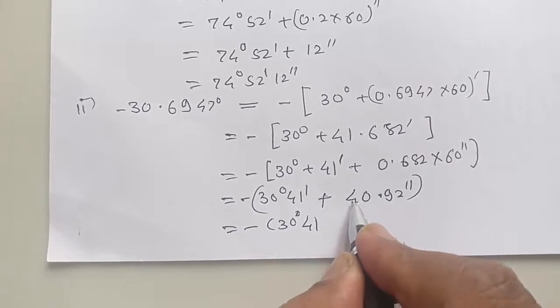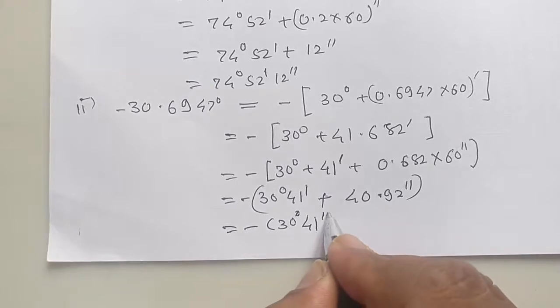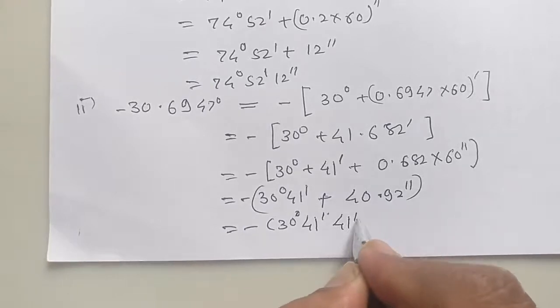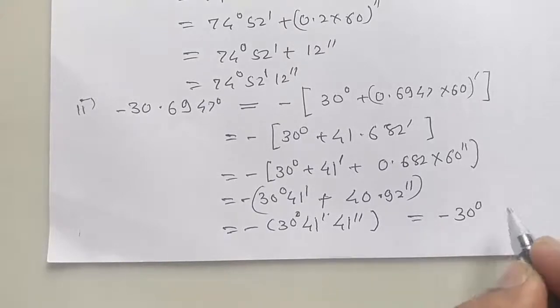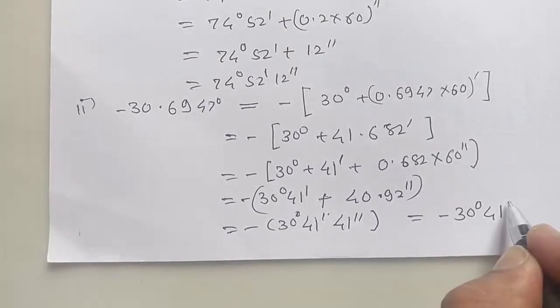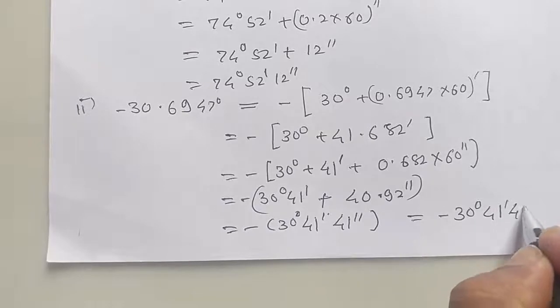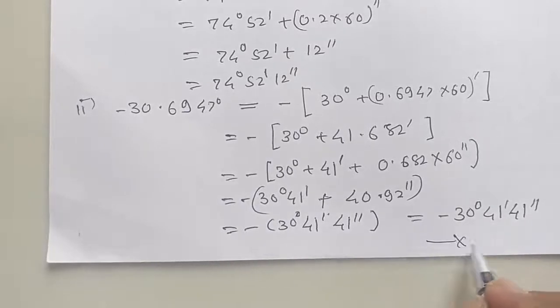Now we round this 40.92 and take 41 seconds. So this is equal to minus 30 degree 41 minutes 41 seconds. So this is the answer.